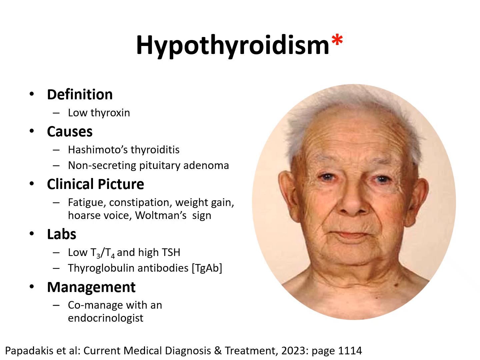defined obviously as low thyroxine. In the United States, the most common cause of hypothyroidism, or myxedema, which is the name given to hypothyroidism in adults, is Hashimoto's thyroiditis. Uncommonly, it could be a non-secreting pituitary adenoma, which is just occupying space.